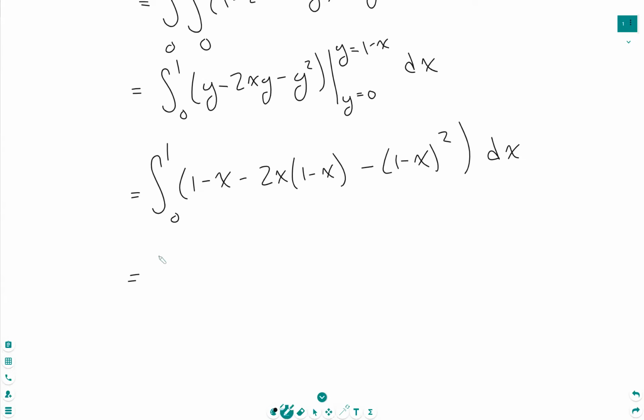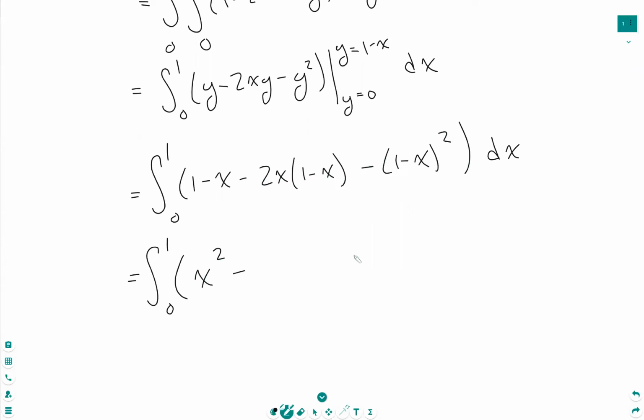So we can FOIL this out, do some simplifying. I get an x squared here, and then I get another 2x squared here. But this one is positive, and this one ends up being negative. We have a double negative, and then we have this one out here. So the highest power that we see on FOILing out is just a 1x squared.